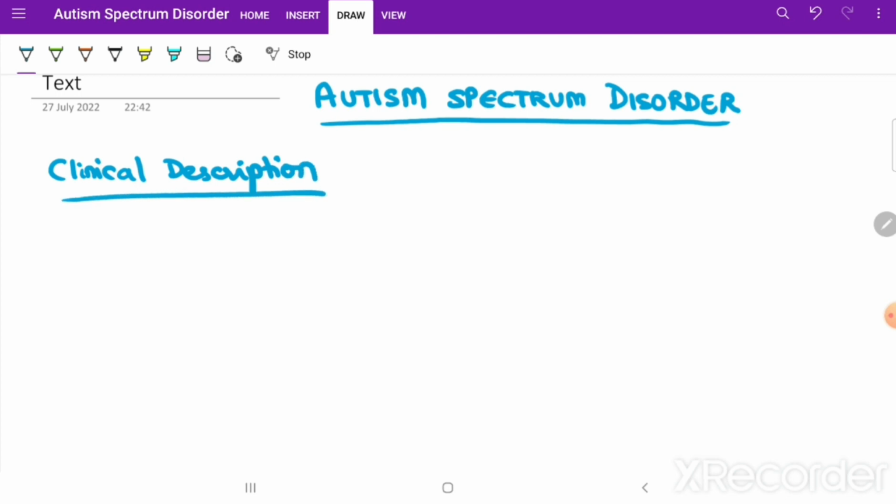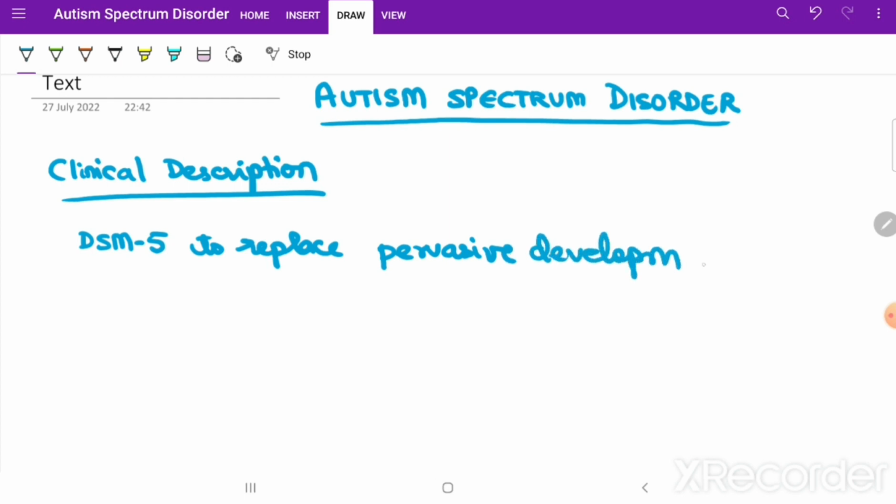Now what you need to know is that autism spectrum disorder is a diagnostic category which was introduced in DSM-5. It was introduced to replace pervasive developmental disorders, which was in DSM-4.